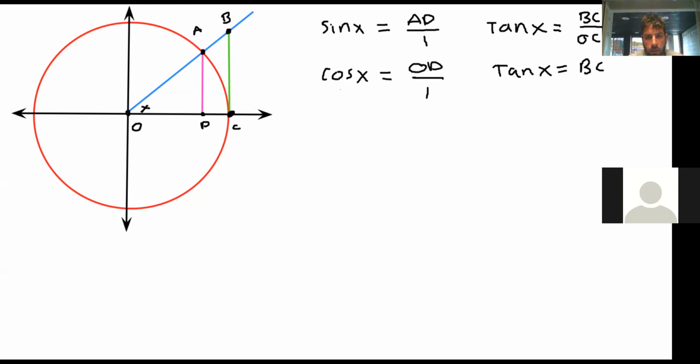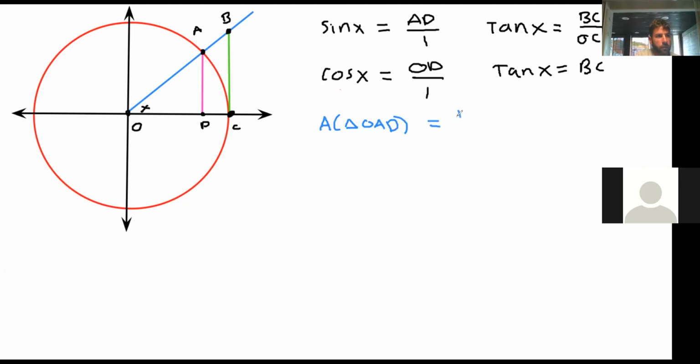And so from these 3 facts, here's what I learned. I learned area of the triangle OAD. That's the smaller triangle. What is that? Well, it's 1/2 the base times the height.